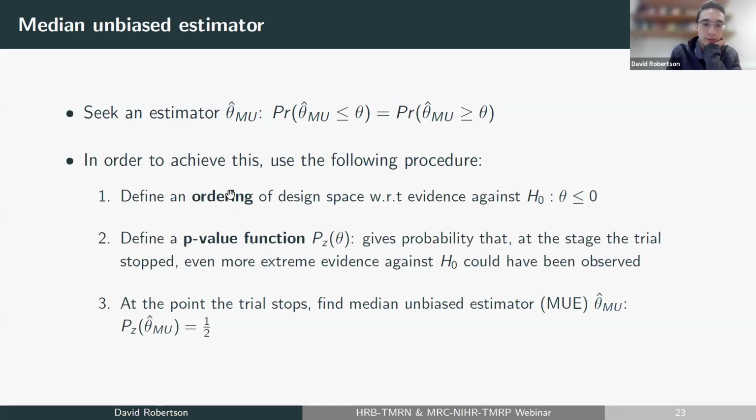Firstly, we need to define an ordering of the design space with respect to evidence against the null. Then, using that ordering, you define a p-value function, which gives the probability that at the stage the trial stopped, you could have observed even more extreme evidence against the null. And then your median unbiased estimator is the value of theta which gives a p-value function of 1/2.